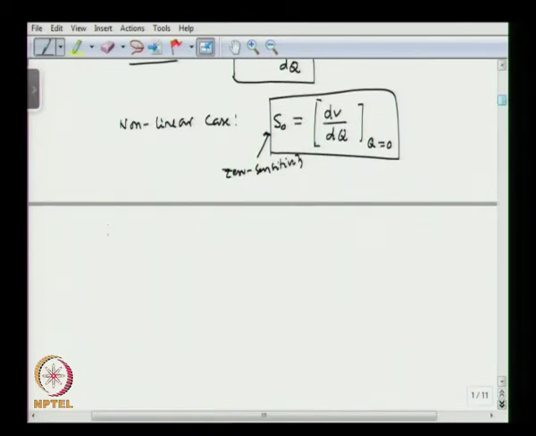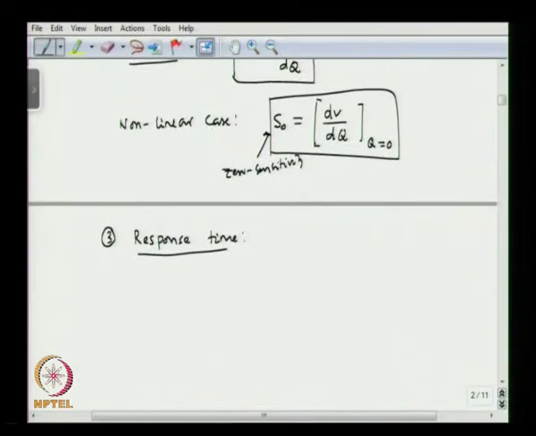The third parameter is the response time. Response time is the time taken by the flow sensor for its signal to stabilize once there is a change in the flow rate.